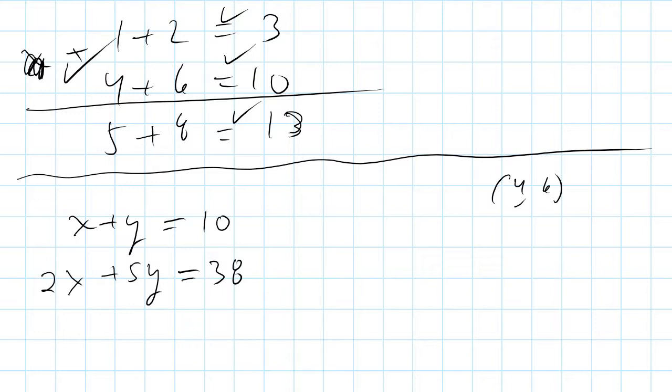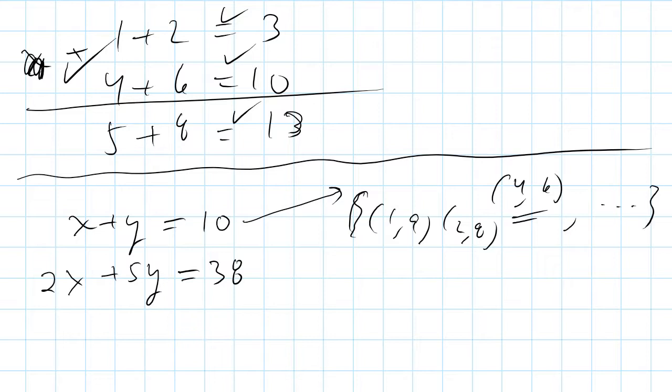So here's two different equations. This equation has a whole bunch of solutions, including 1, 9, and 2, 8, and 4, 6, and a bunch of other things. And this thing is a solution set also that has, for instance, 19, 0, and a bunch of other things.